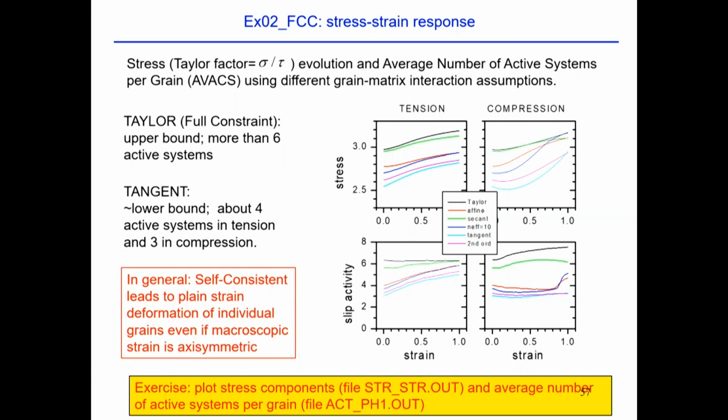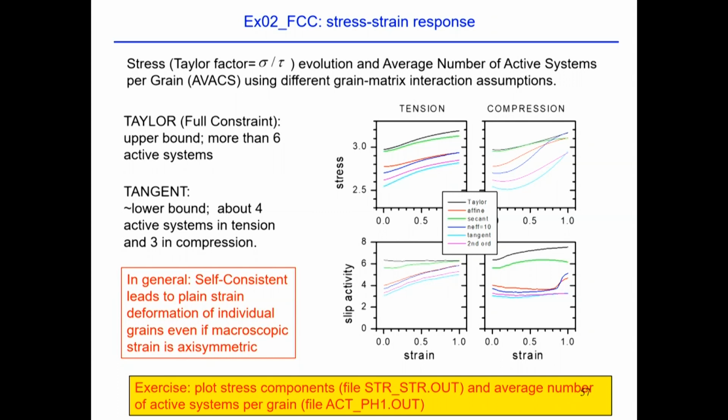And the reason is, when you have to deform in axisymmetric tension or axisymmetric compression, it requires the grain to activate about 5 or 6 systems, because well, this is cubic, 6 is the maximum.